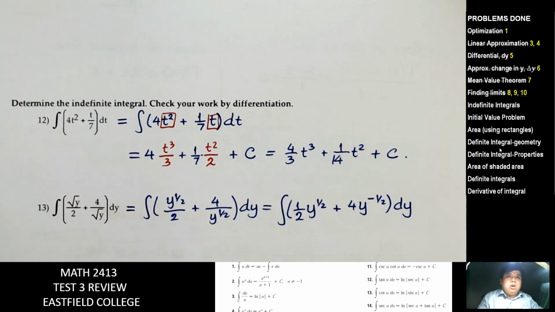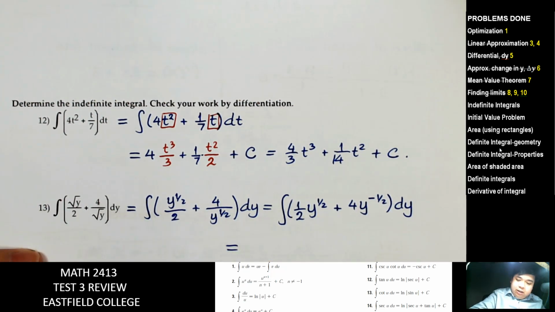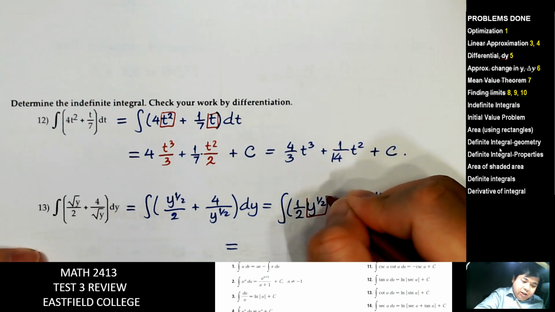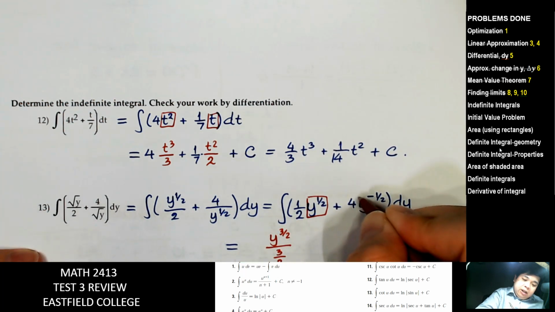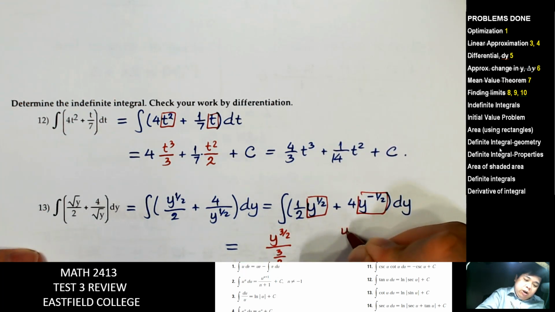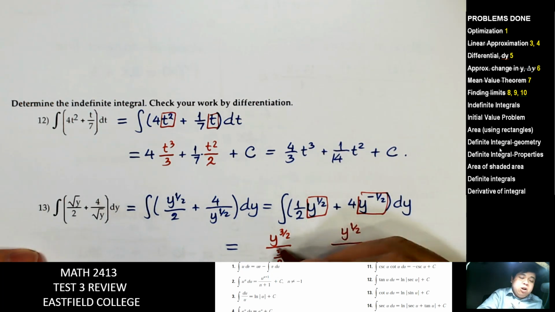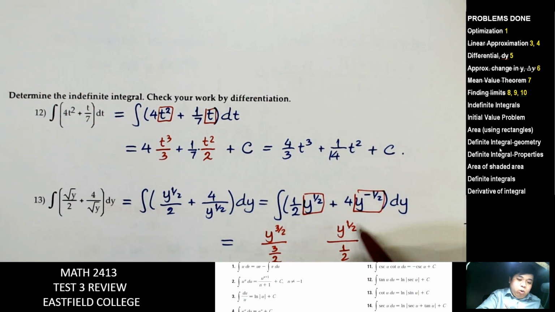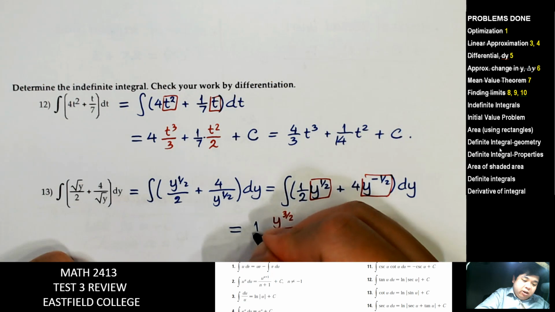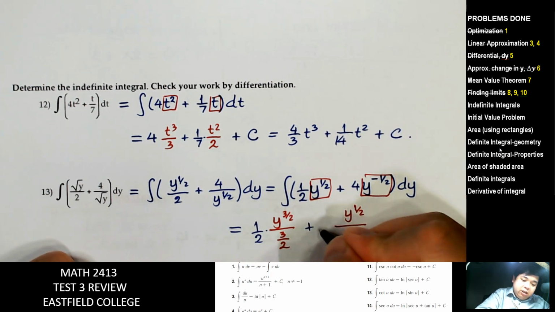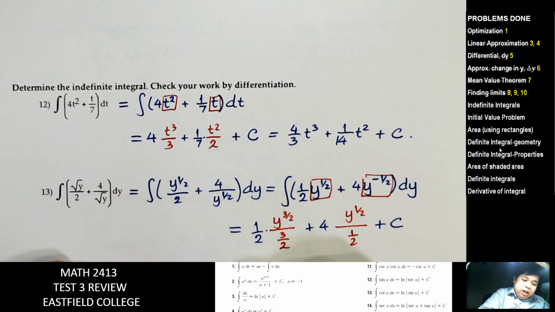Next we just apply the power rule for this one. So the power rule for this is y to the 1/2 plus 1 will be 3/2 over 3/2, and this will be y to the 1/2 over 1/2. So 1/2 plus 1 is 3/2. Negative 1/2 plus 1 is 1/2, and any constant in front will stay, and plus c at the end.